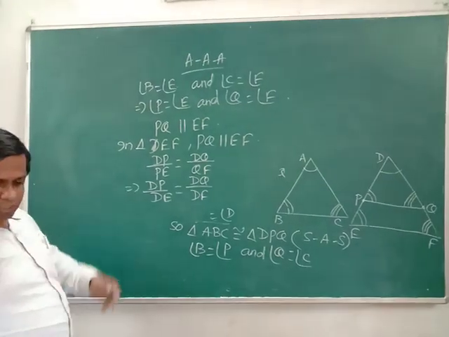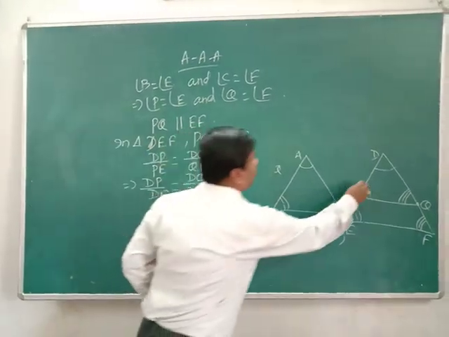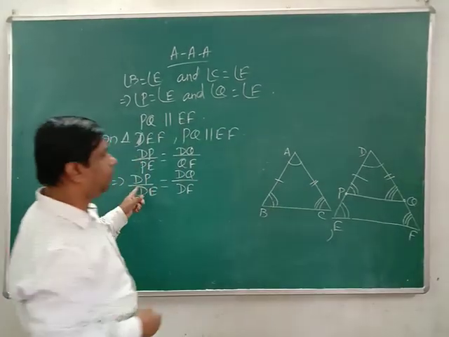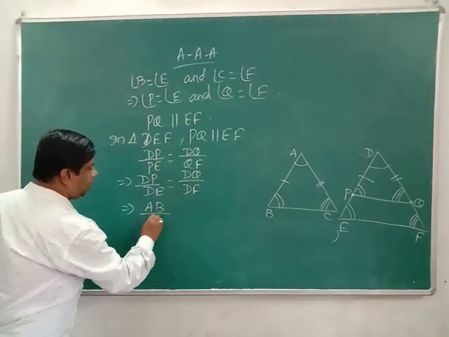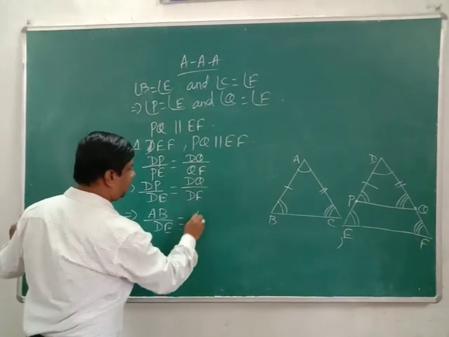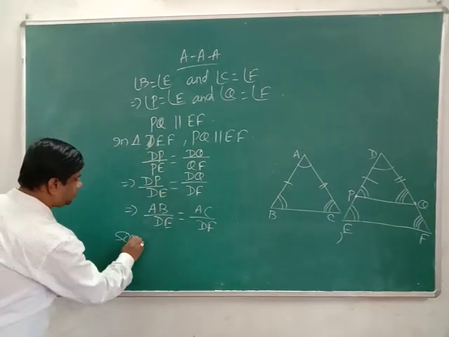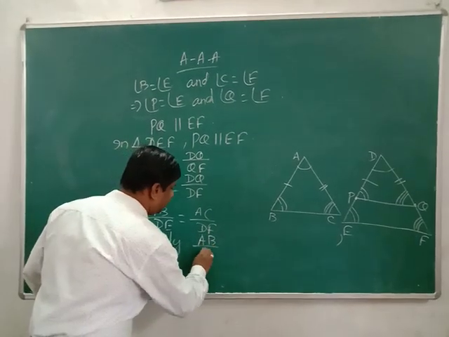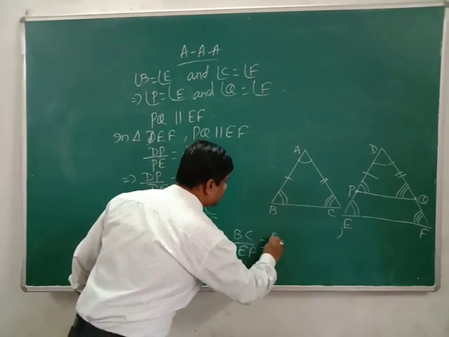But by construction we have taken DP equal to AB and DQ equal to AC. So AB upon DE is equal to AC by DF. Similarly, if you take another pair, AB upon DE is also equal to BC upon EF, that is also equal to AC upon DF.